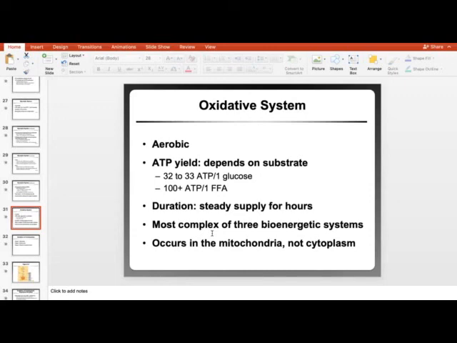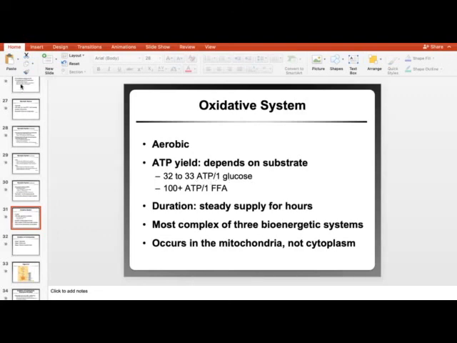The good thing about using oxygen is now organisms, not only have they started to use external substrates for energy and sugars, but now they've also started to utilize the oxygen in the air, in the atmosphere. And when you use oxygen with sugar, now you can get 33 times the amount of ATP for 1 molecule of sugar.